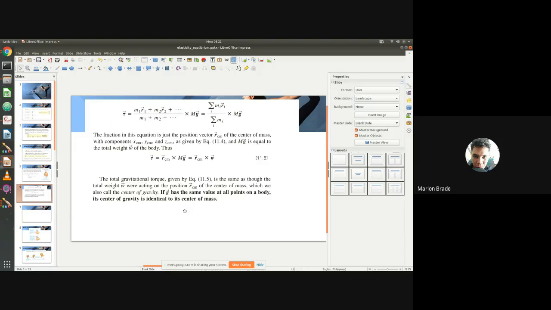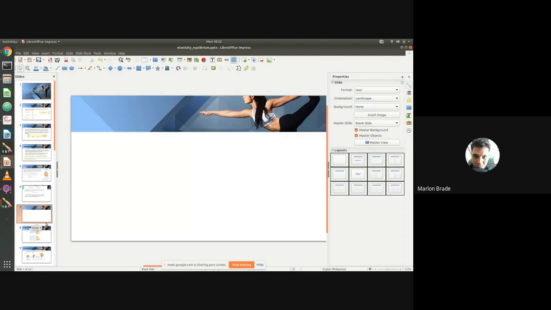Okay? If g has the same value at all points on a body, the position of the center of gravity is the same as the position of the center of mass. Nasabtan to? Yes, sir. Okay, so let's move.